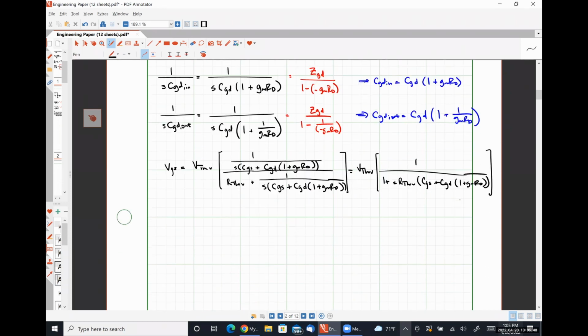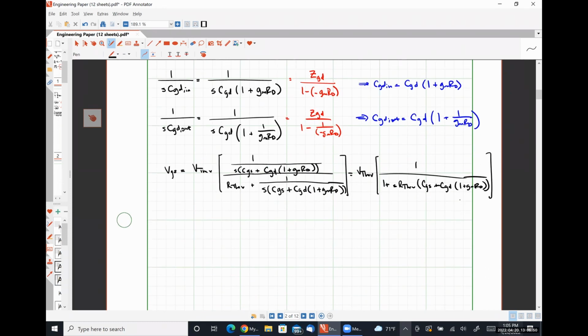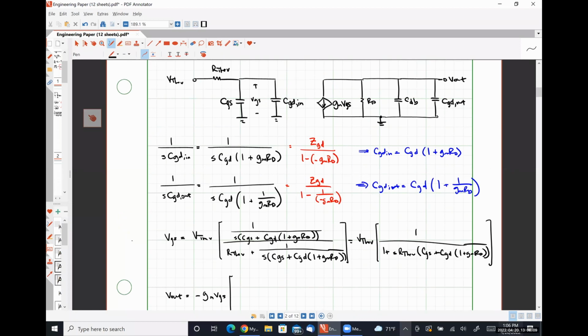So our output voltage V out is equal to negative GM VGS times these three impedances in parallel. Okay.